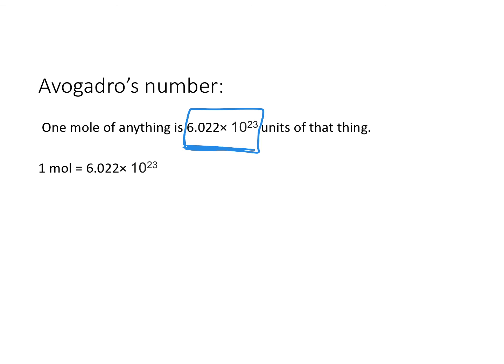We call 1 mole of anything 6.022 multiplied by 10 to the power of 23 of that thing. And remember, this is not only specific to chemistry. We can have 1 mole of horses. I mean, that is not that applicable because this number is really, really large, okay? But I expect you to know the magnitude of a mole.